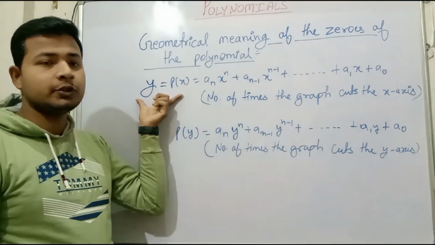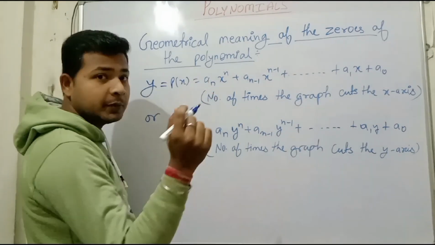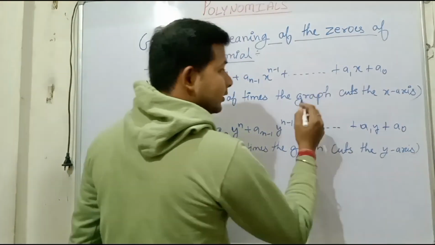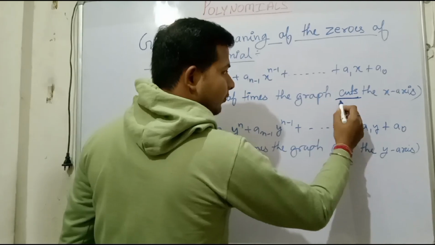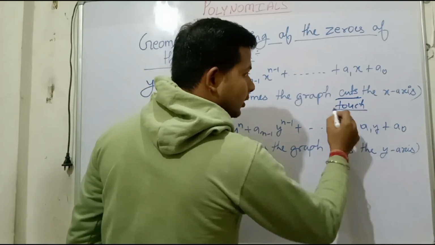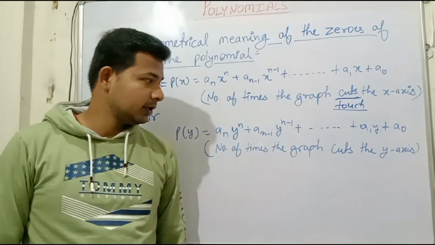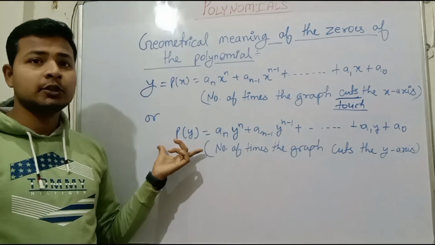If you are facing this type of question, then the easiest method will be to count the number of times the graph cuts the x-axis. Not only cutting, if it touches the x-axis, it will also be counted. Similarly, this is a special case.